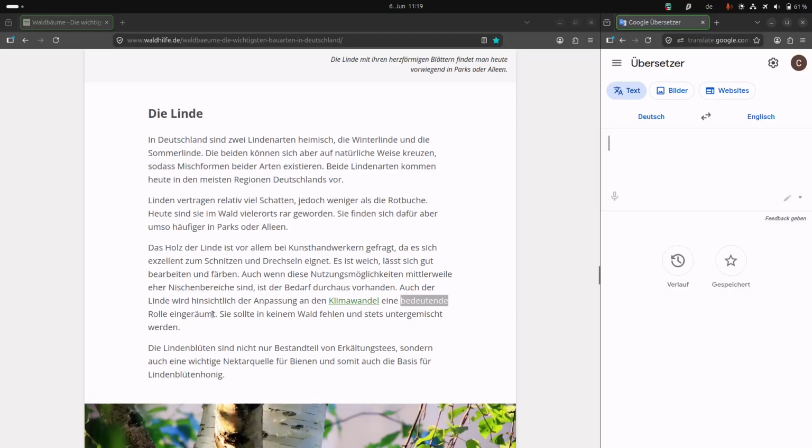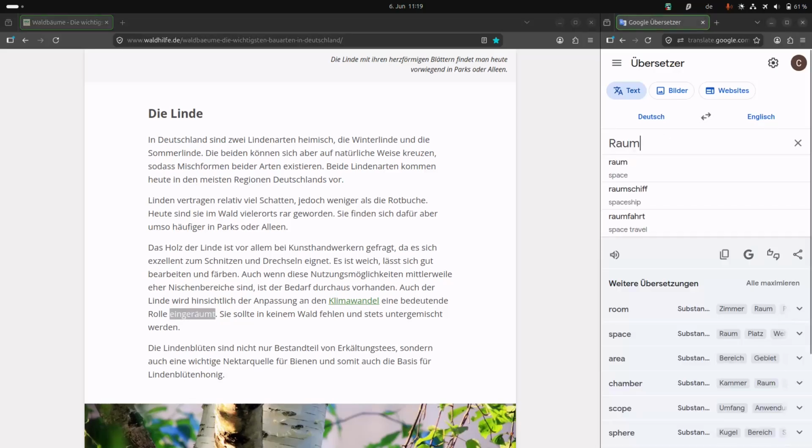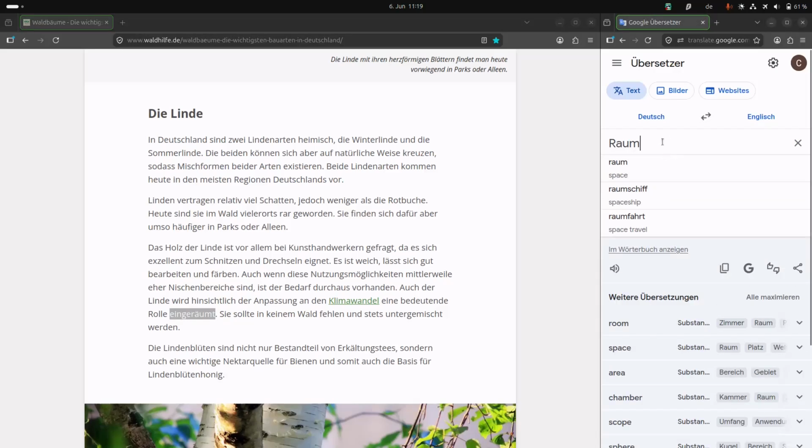Eingeräumt. So eingeräumt in general means, how to say that? This derives from the word Raum, of course, which means space or room. For example, my room, not necessarily chamber, but just to explain the meaning between Raum and room and space, and chamber.